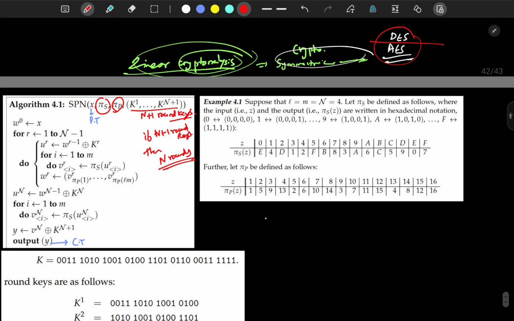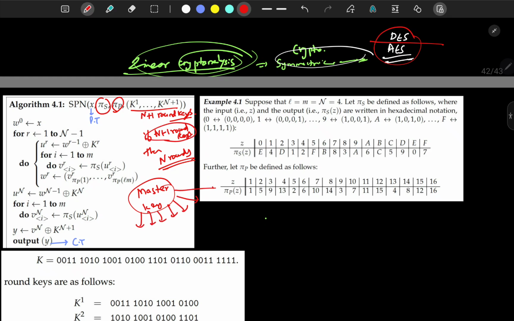Initially we will take our plain text. After that, as you learned last semester, from the master key, there will be one key, and from that key we will produce n plus 1 round keys.